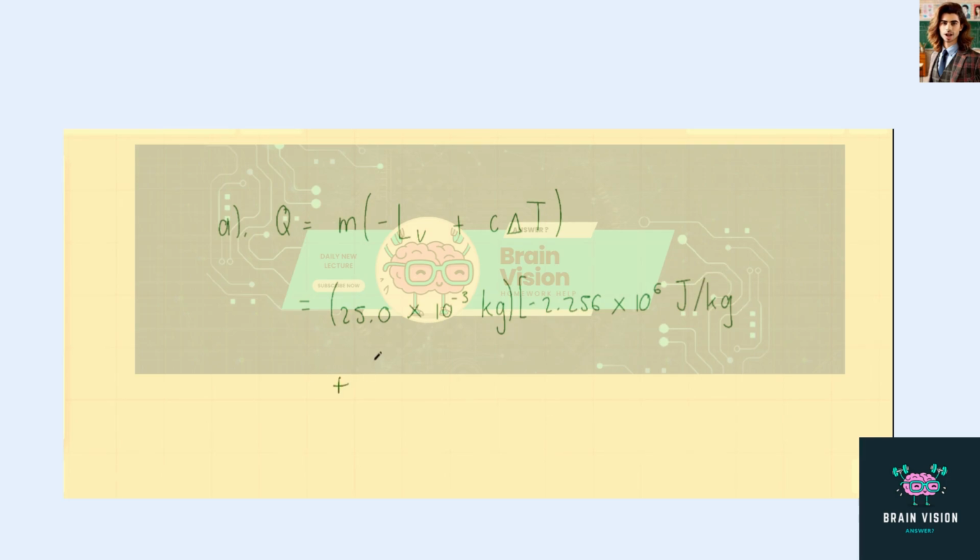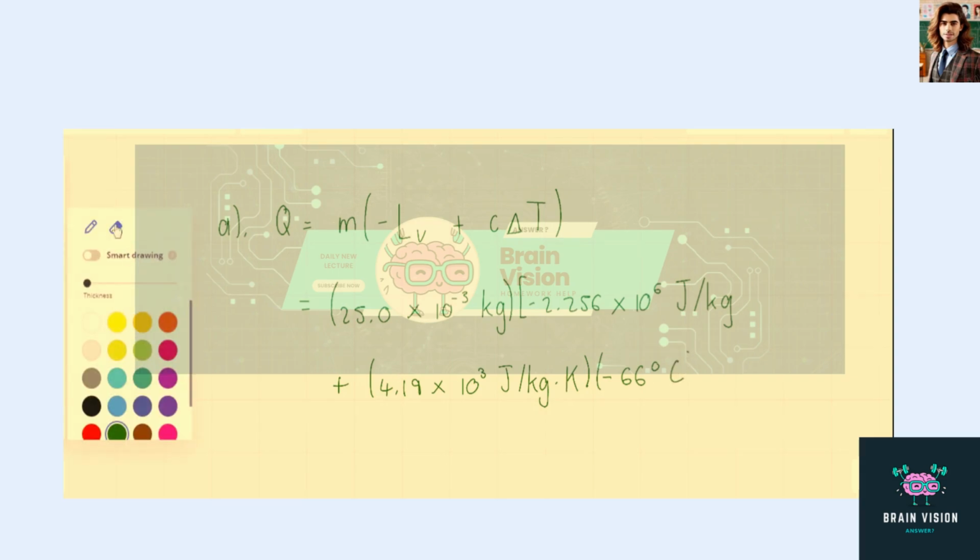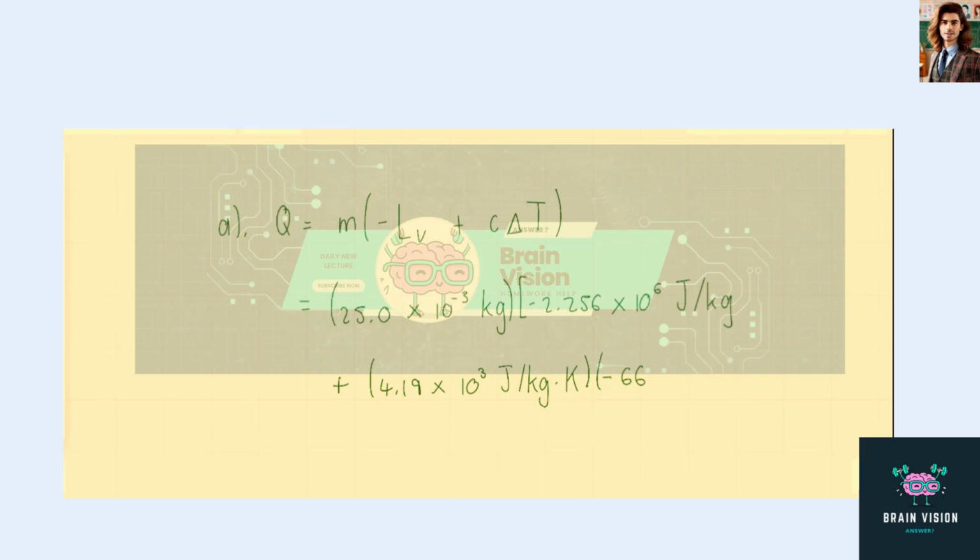And this is plus the specific heat capacity of water, which is 4.19 times 10 to the 3 joules per kg Kelvin, multiplied by the temperature change. Going from 100 degrees to 34 degrees is minus 66 degrees Celsius change in temperature.